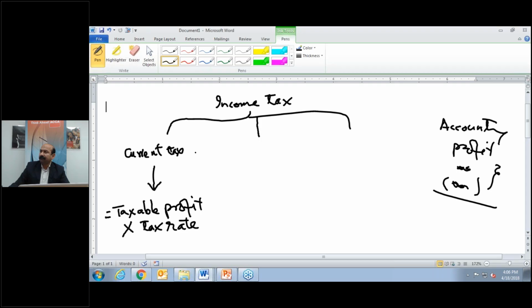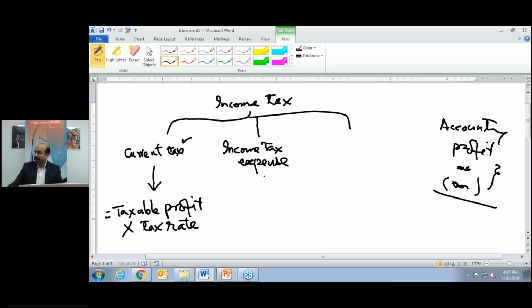If it is payable, we will mention current tax payable. Then the concept is income tax expense. Current tax is based on tax law: as per tax law, what is the amount which should be paid?